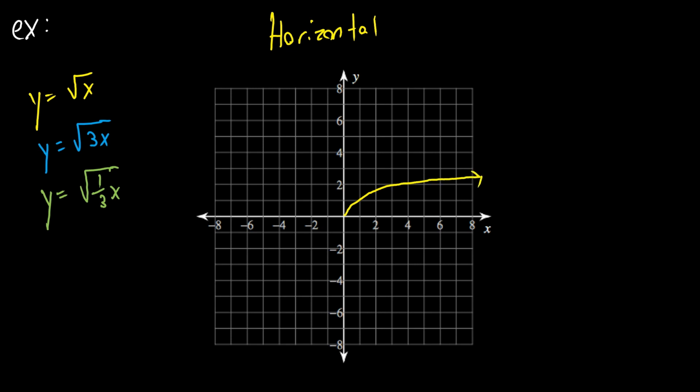Okay, so what about y equals square root of 3x? All right, we plug in 1 there. So that's square root of 3. I am not quite sure what that is. But what if we multiply this by 3? Now we're going to have square root of 9 in there. Okay, so this is 3.